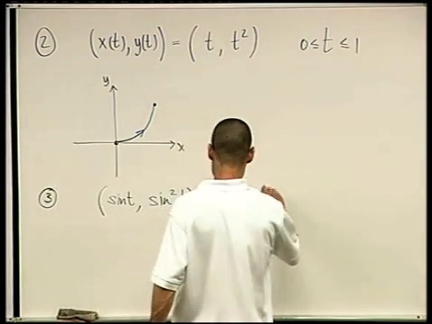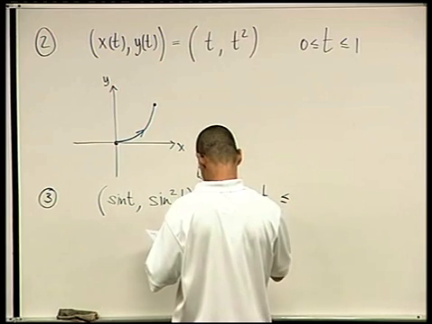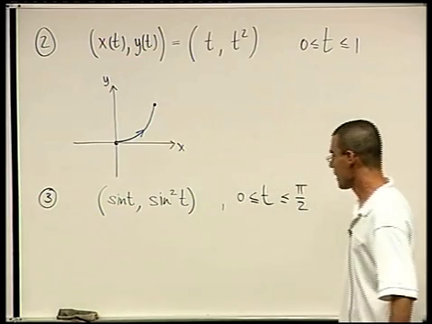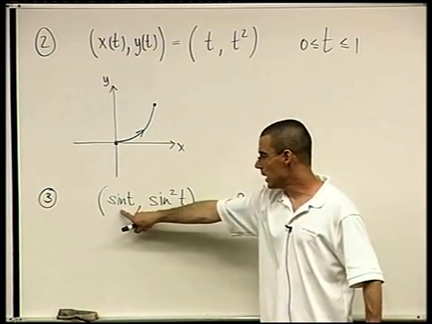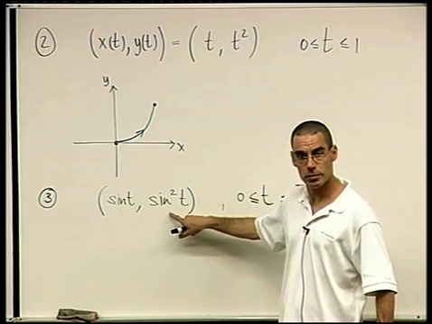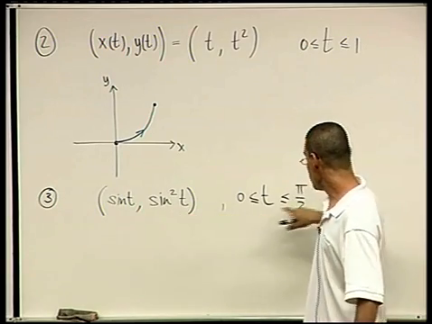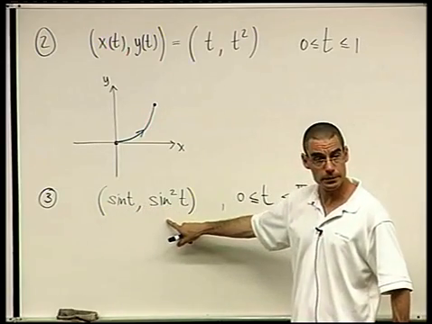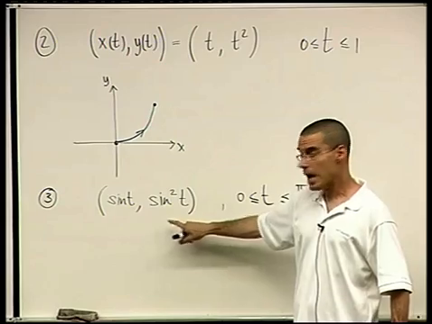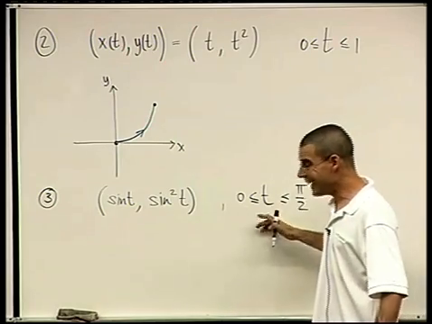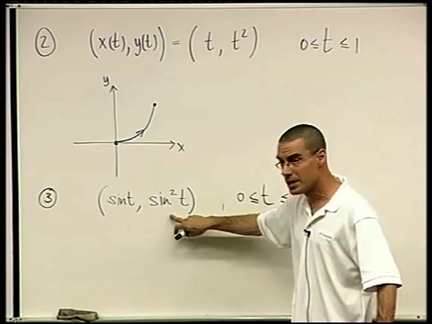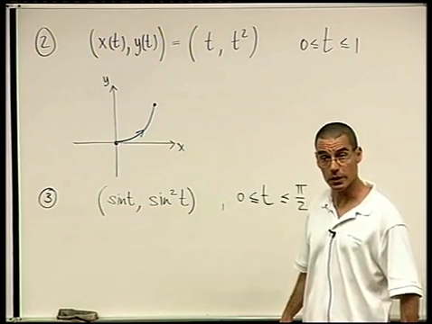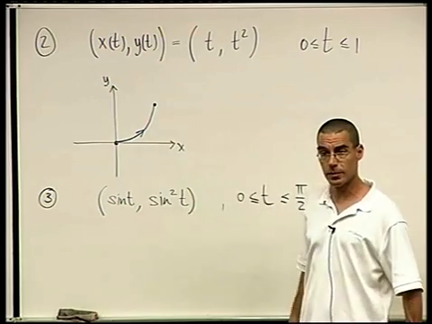And let's take t from 0 to pi over 2. When t is 0, I get the point 0, 0. Do you agree? When t is pi over 2, I get the point 1, 1. Do you agree? And for any t in between, again I'm going to get points x, y, such that y is the square of x.